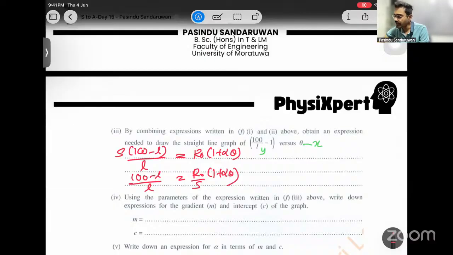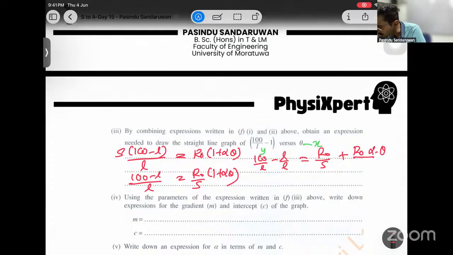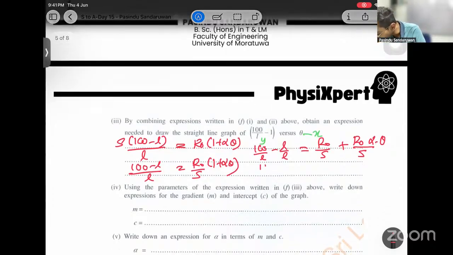Now if you divide the numerator of the left hand side by L separately, this term gives 100 over L minus L over L. And simplify the bracket on the right hand side: R naught over S plus R naught alpha theta over S. Now this is 100 over L minus 1, the variable, and x is going to be theta.